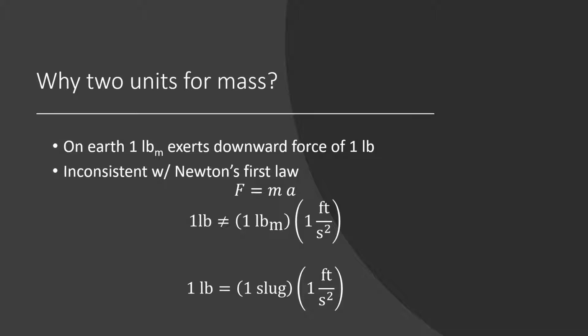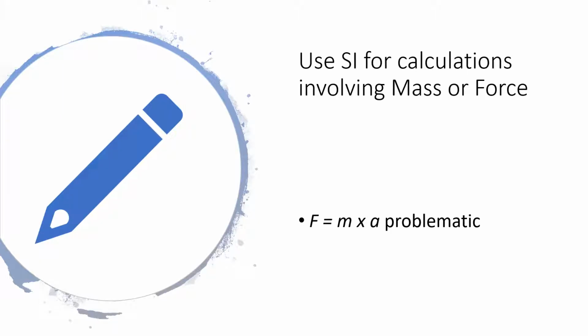All right, enough said about that. Use SI units. If you have any calculations involving mass or force like this, F equals m times a, it's problematic. I recommend you don't use pounds mass because frequently people make mistakes. Use newtons for force, kilograms, and meters per second squared in your acceleration units.